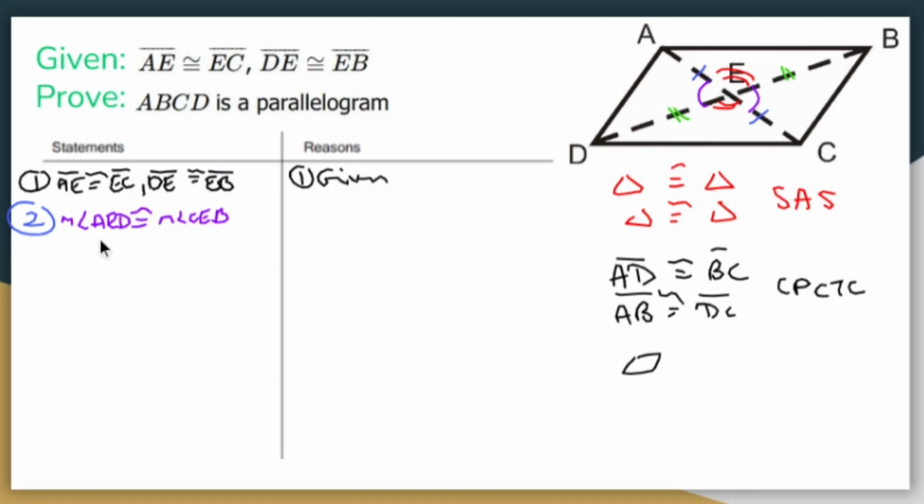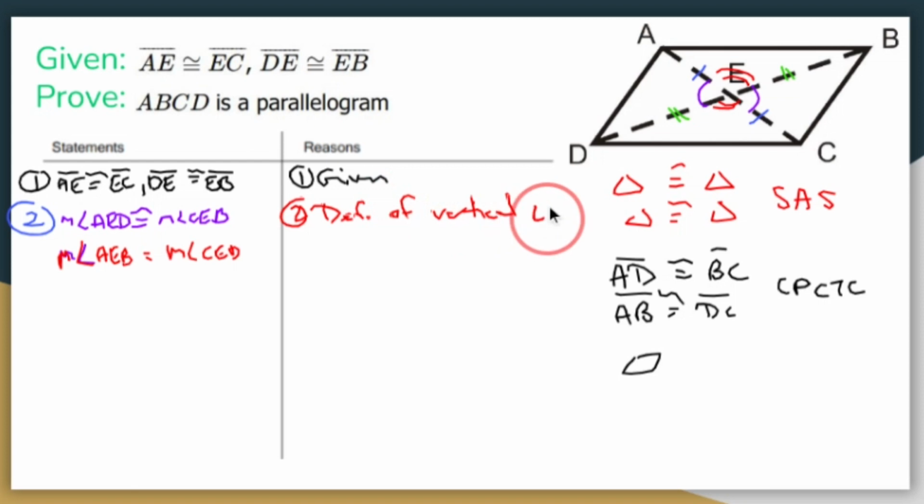Technically, I didn't need the congruent symbol if I'm saying the measure of angle. The measure of angle AEB is equal to the measure of angle CED. And this is the definition of vertical angles.